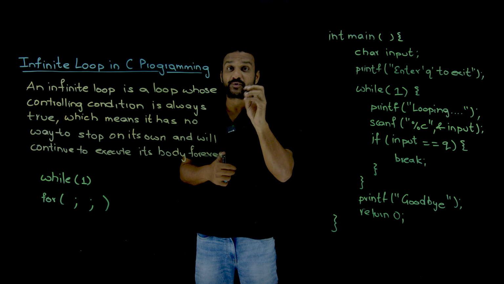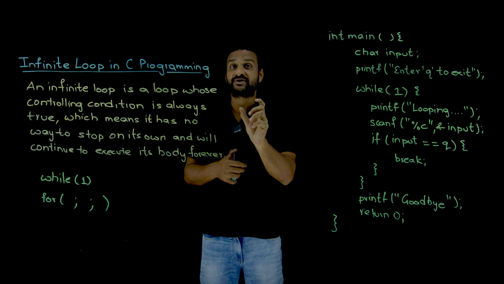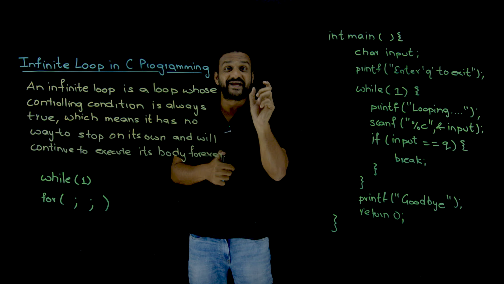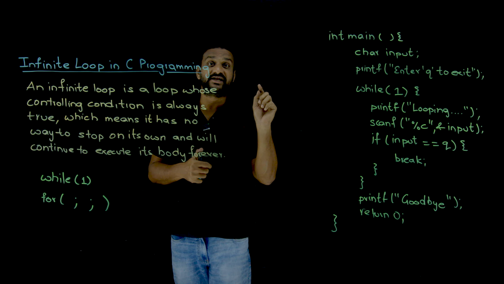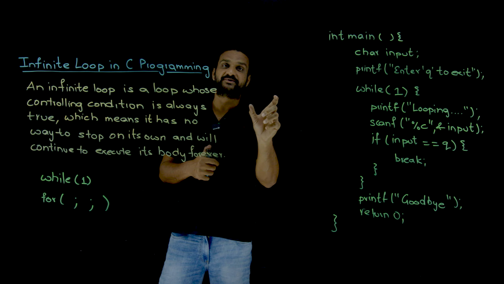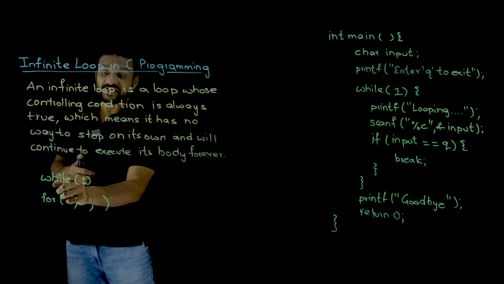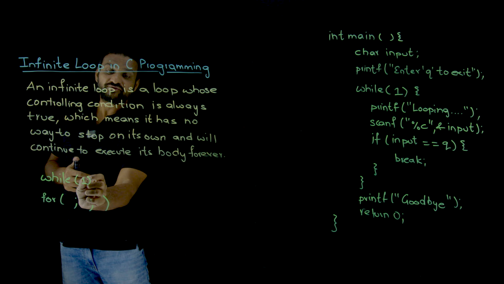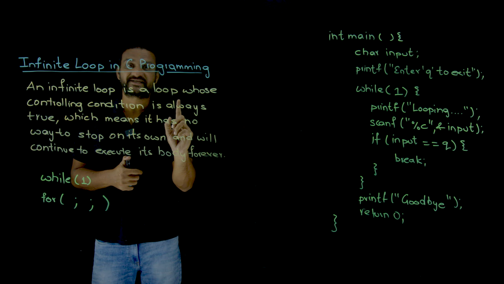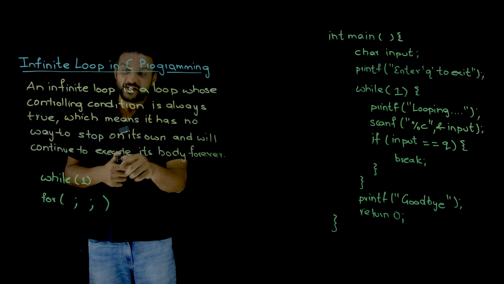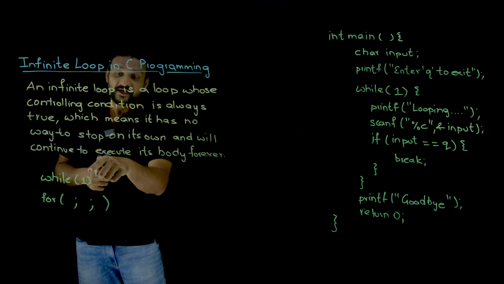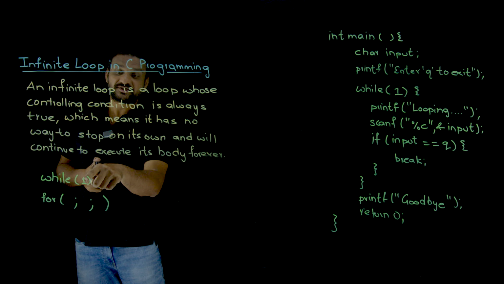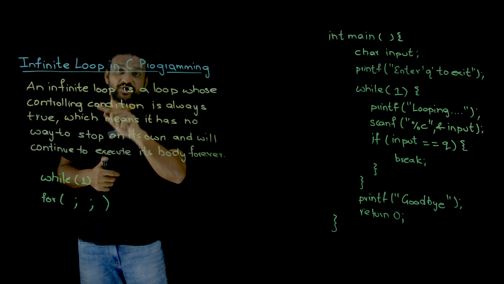But in simple programs, how do we create those infinite loops intentionally? Generally we create infinite loops by using while loops. If you give the conditional statement within the while loop as 1, what does 1 stand for? It means true. This loop is going to be an infinite loop because this condition is always going to be true.